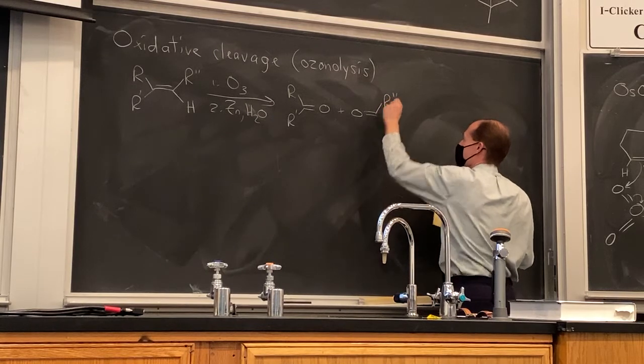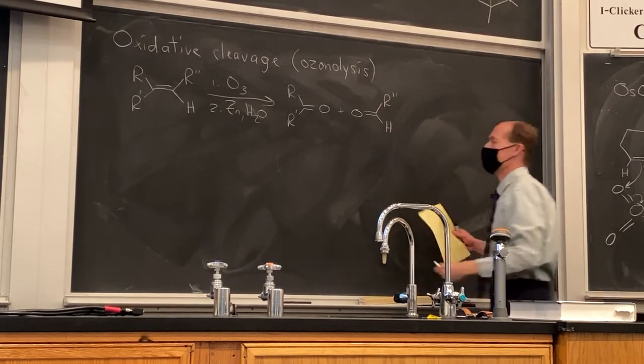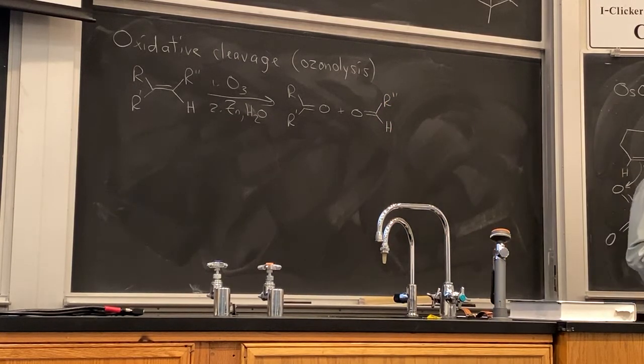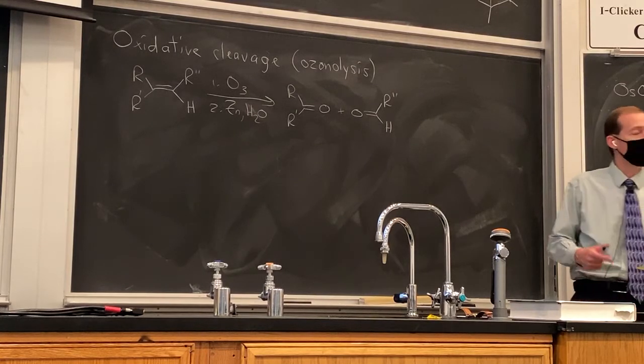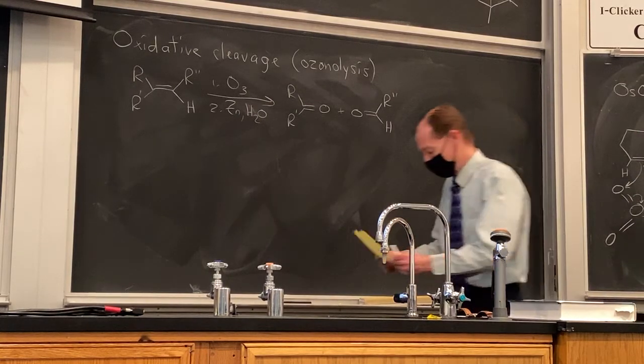And then the right half of the molecule turns into an aldehyde. Okay? So we can obtain ketones and or aldehydes from an ozonolysis reaction. Depending on the type of alkene that we have, we can form 2 aldehydes, 2 ketones, or a ketone and an aldehyde. Okay? So let's look at the mechanism of ozonolysis.